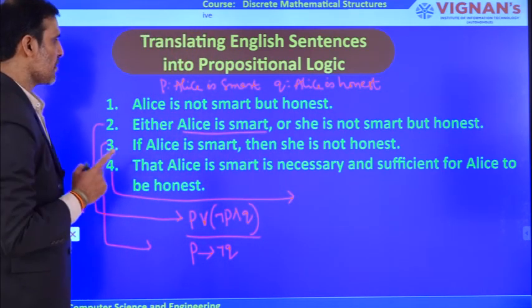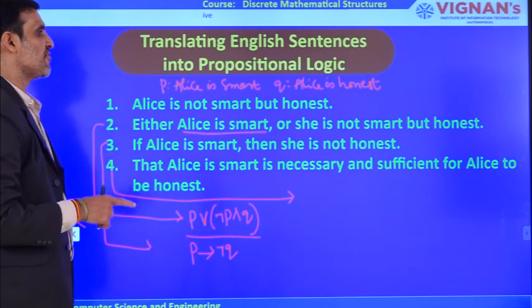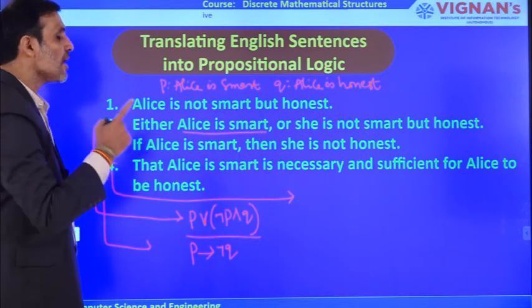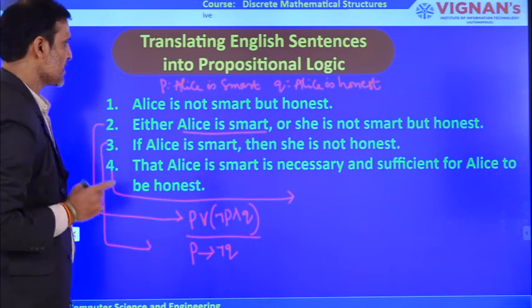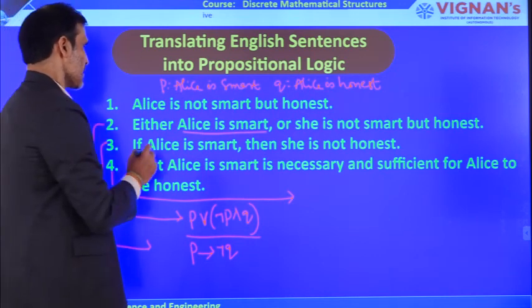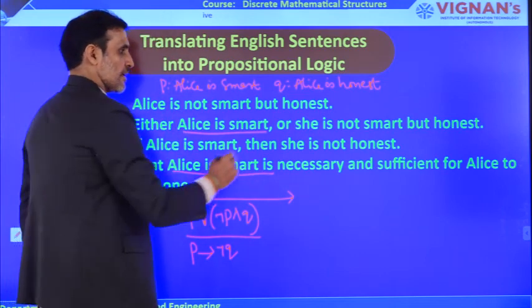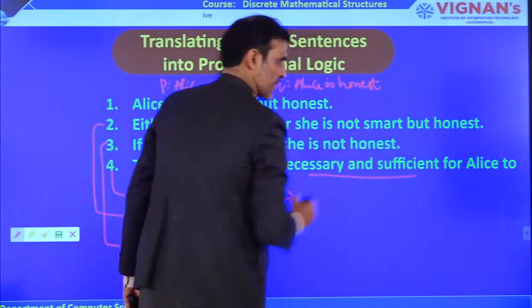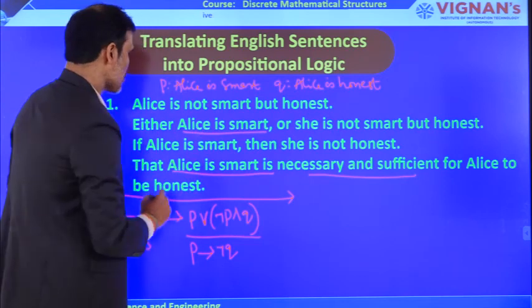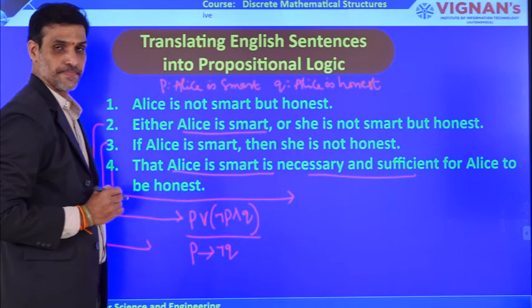That Alice is smart is necessary and sufficient for Alice to be honest. Try to understand the statement here first. That Alice is smart is necessary and sufficient for what? Alice to be honest.